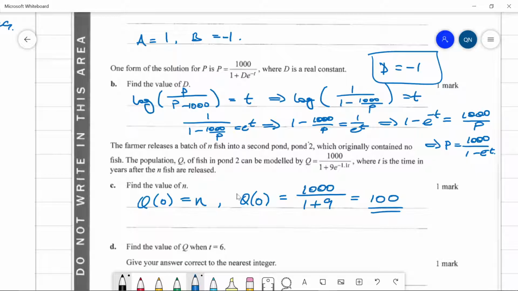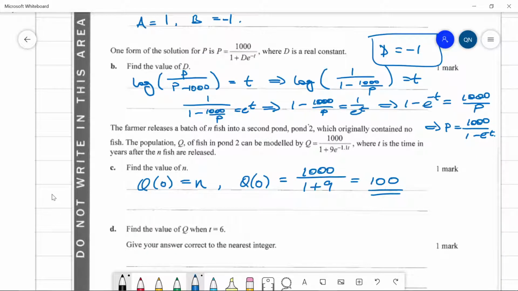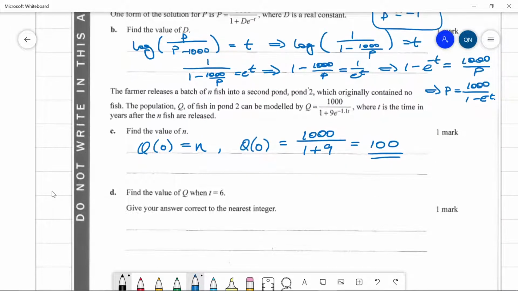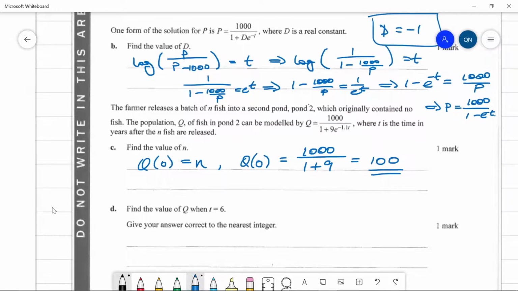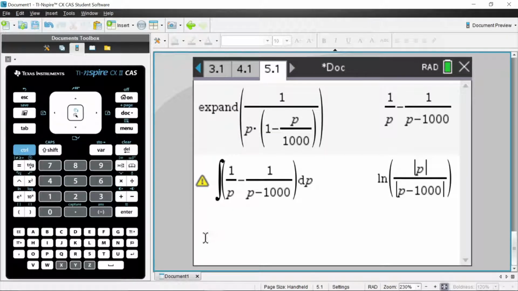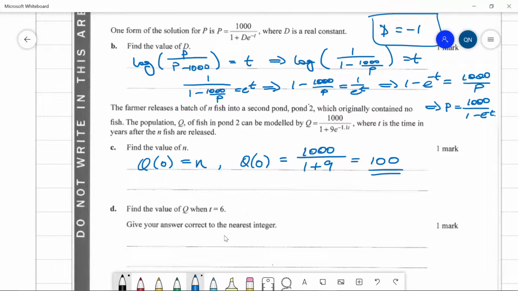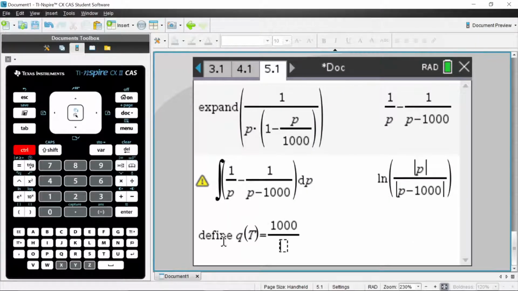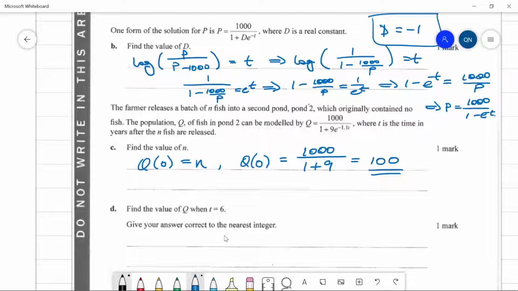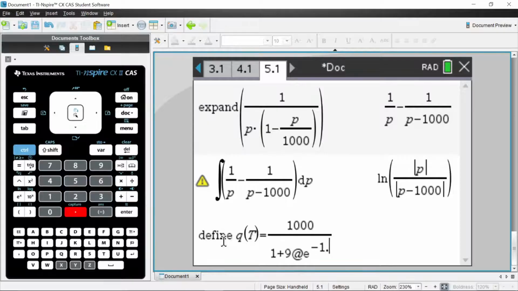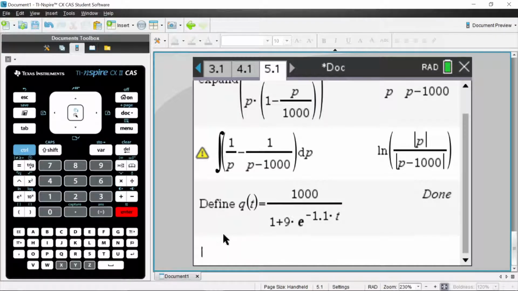Find the value of Q when t equals 6. Give your answer correct to the nearest integer. Define Q of t equals 1000 divided by 1 plus 9 e to the negative 1.1 times t.